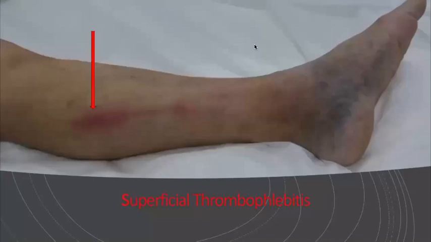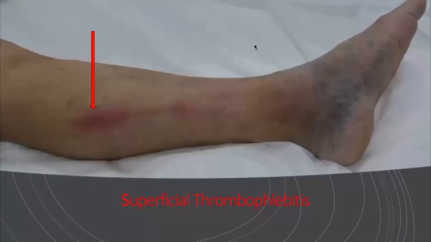And then it says a palpable cord-like area can be indicative of a superficial thrombophlebitis. So this palpable cord-like area will be like a line, kind of what you're seeing here, and it will be harder than the rest of their skin and the rest of their tissue. And this indicates a blood clot in the superficial vein.